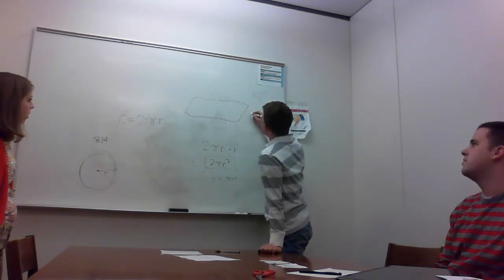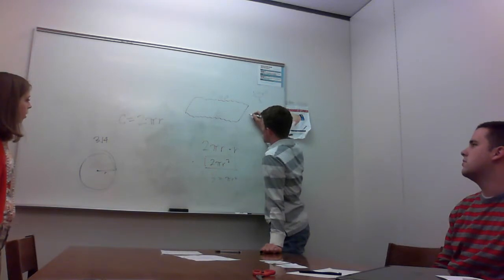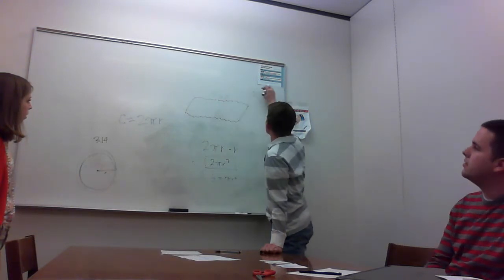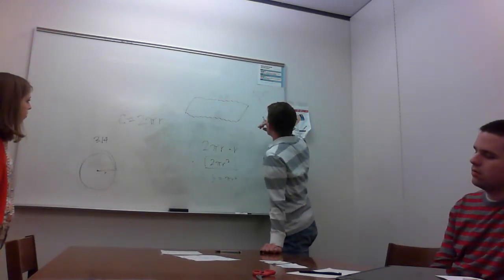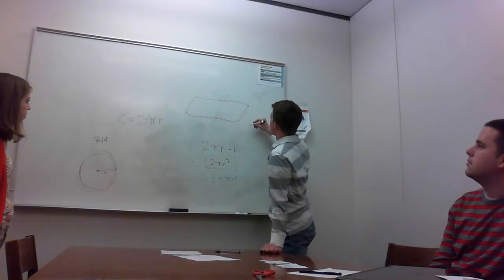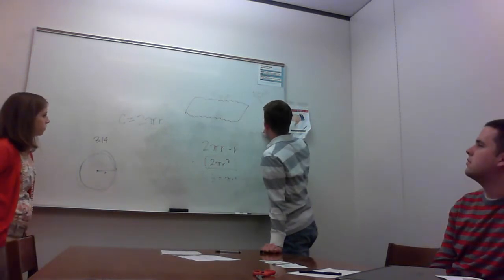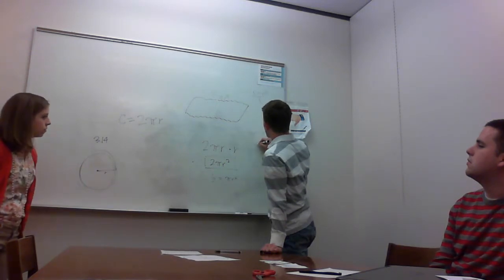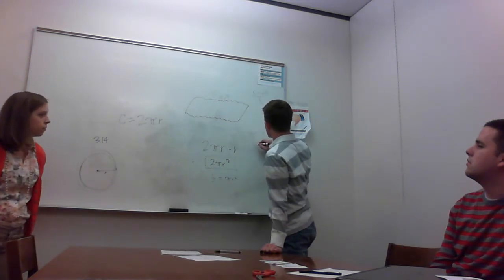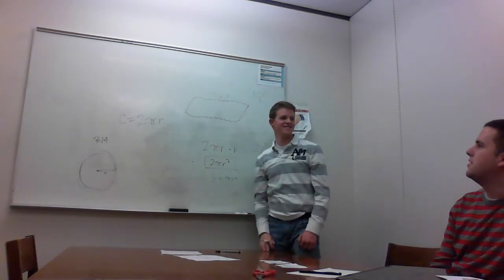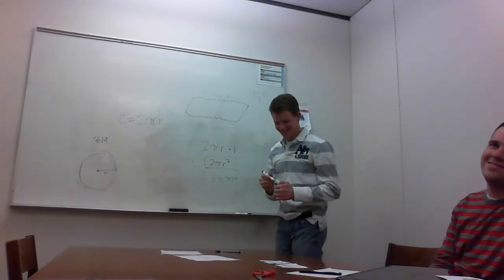Oh wait, it's 2 pi r, so it's not r squared. Sorry, my bad. So then you just multiply those together, and like you said, r times r, you get pi r squared. I think that's it. Do you agree, Sean? It's as close as I can get.